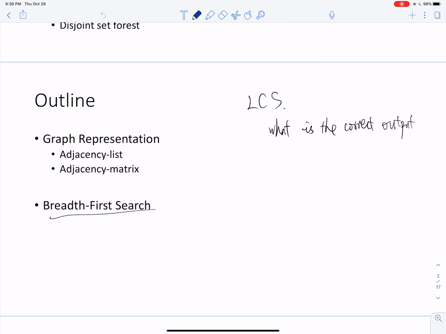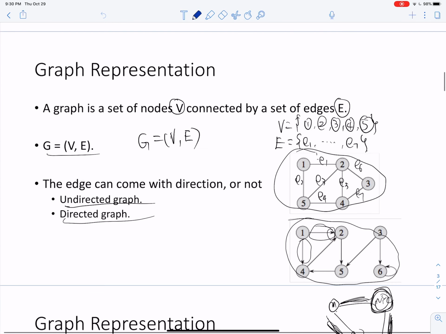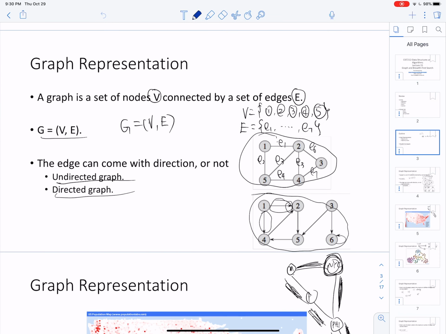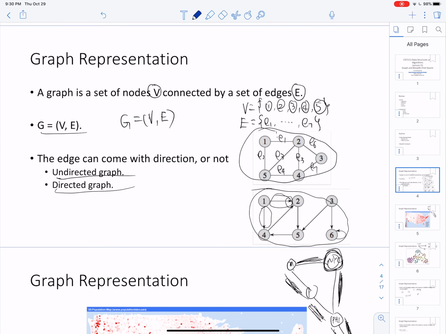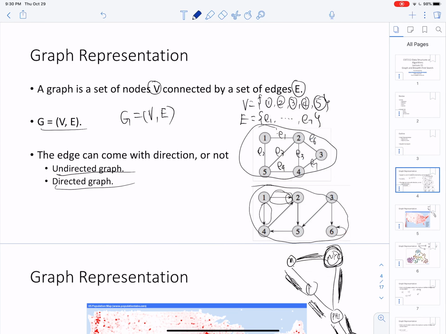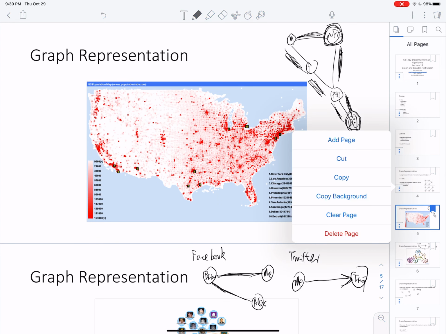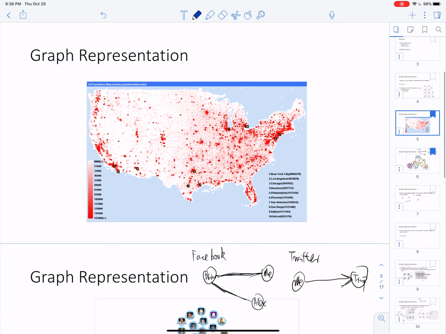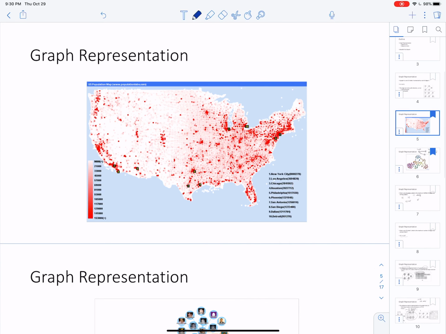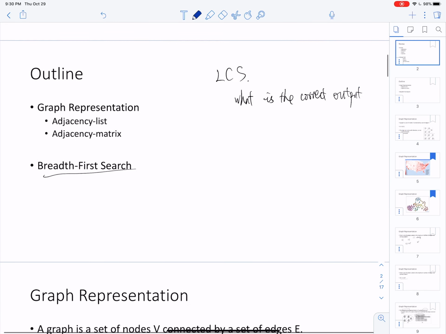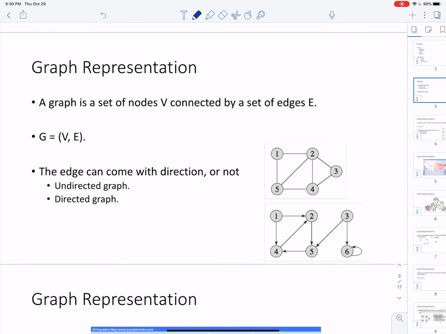Without further ado, let's look at the graph data structure. I'm going to clear this page, also this page, and clear all the pages so that we have a clean slate. So what is a graph data structure?